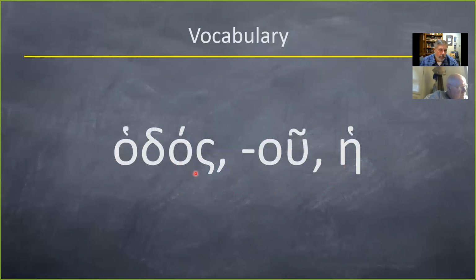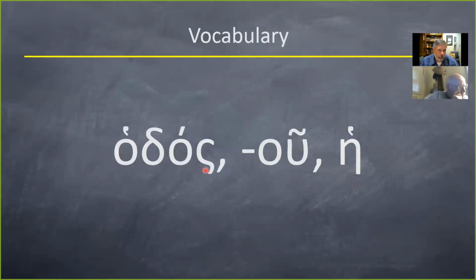But it looks like a masculine word, with an omicron stem ending, sigma for masculine. There's my genitive, omicron upsilon. And I would expect the omicron with the rough breathing, but instead its article is the eta with the rough breathing. That's because this word is actually feminine.